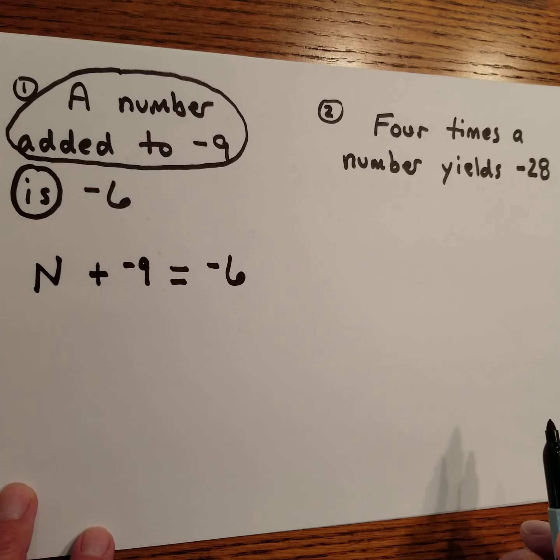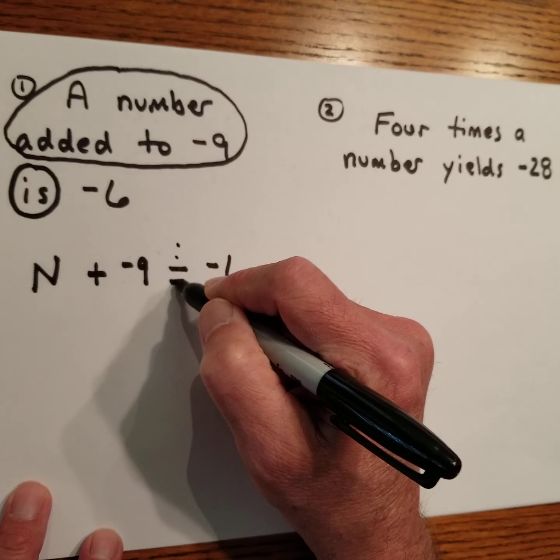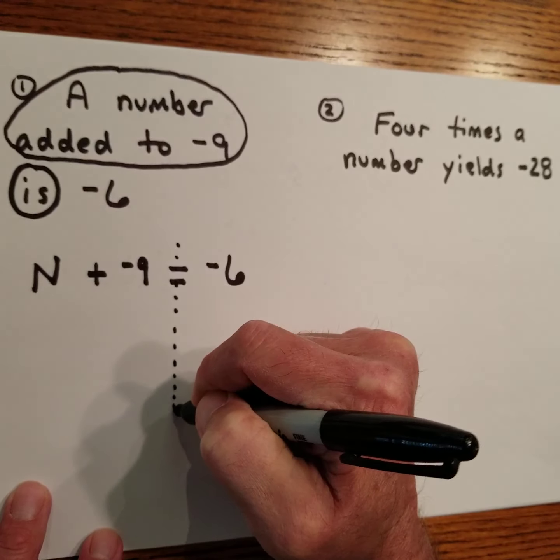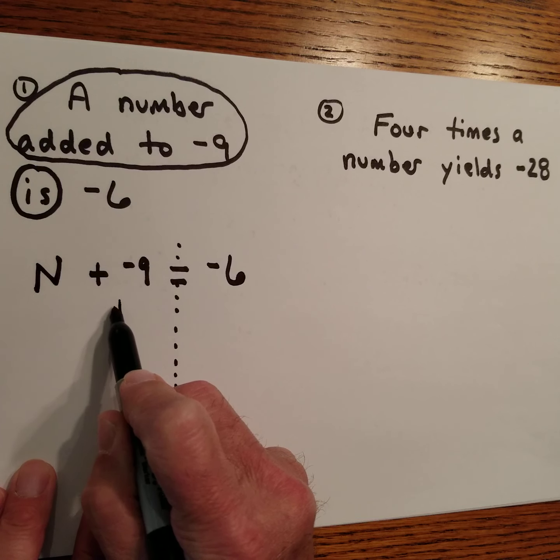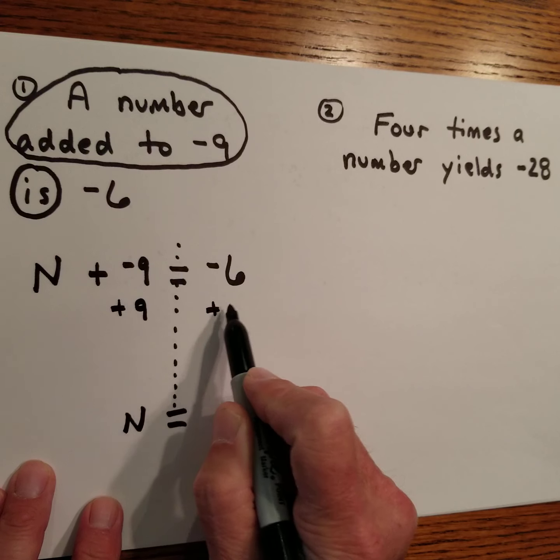All right, once we have the equation, we should solve. Solve means treat the equal sign like a fence and get n by itself. To get n by itself, this -9 has to leave. Let's get rid of the -9 with a +9.